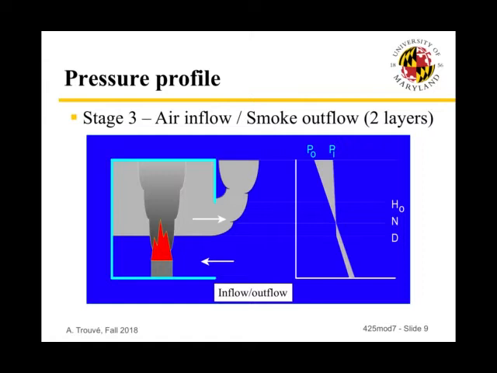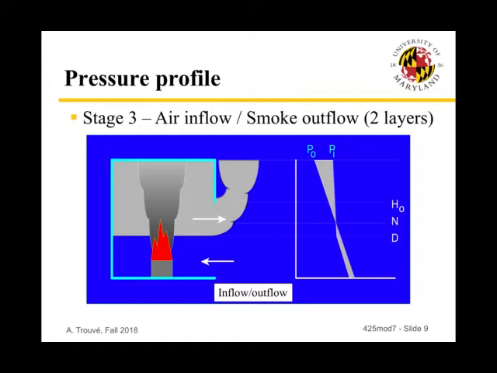At locations z higher than zn, the pressure inside the fire room is higher than the pressure outside, and we expect outflow. So we are going to have outflow of smoke for z greater than zn. At locations z smaller than zn, we have Pi that is smaller than Po.